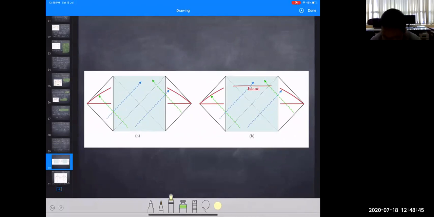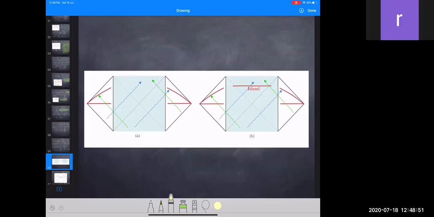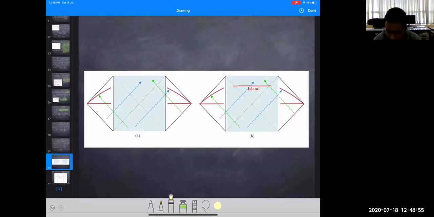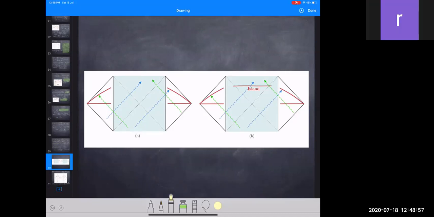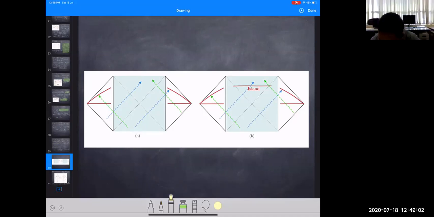I was talking about these pairs being either captured by BL or BR or not. Initially there is no island, hence the blue and green pairs are captured by external things. But when you start including the island, partners of these are also being included in the island, and hence entropy starts decreasing again, or it just becomes constant at some point.